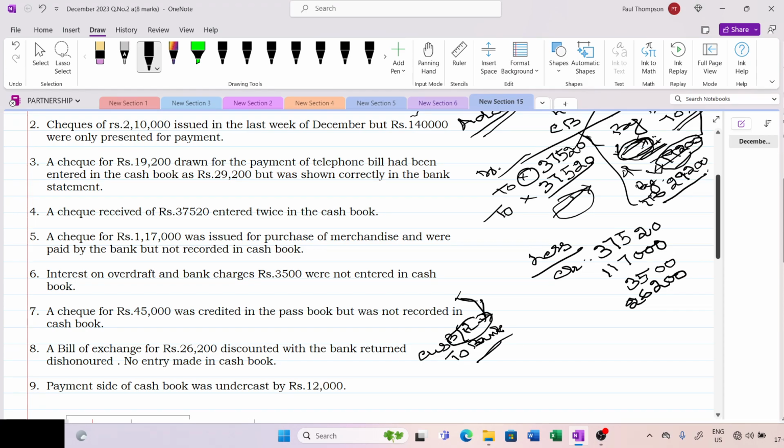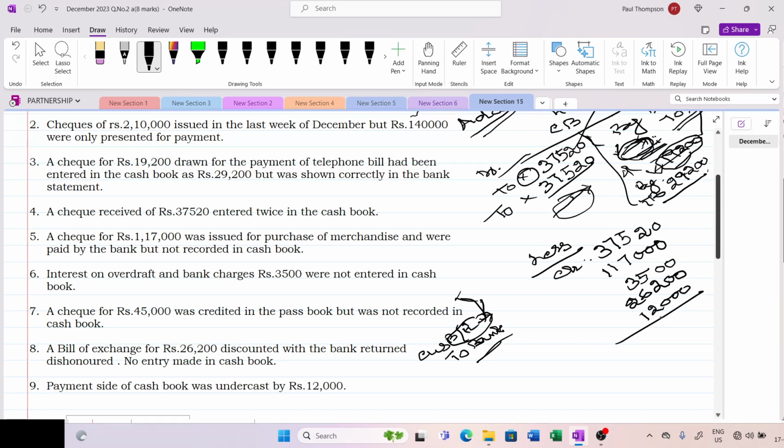If you don't write or if you forget to add, that will have the same effect. Your overdraft has come down. It should have been increased by 12,000 if you had totaled correctly. Because you have not totaled correctly, the overdraft has come down by 12,000. Hope it's very, very clear now.